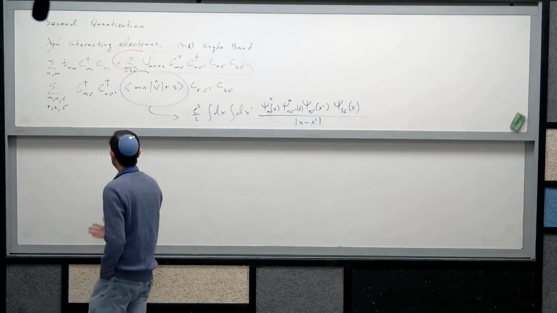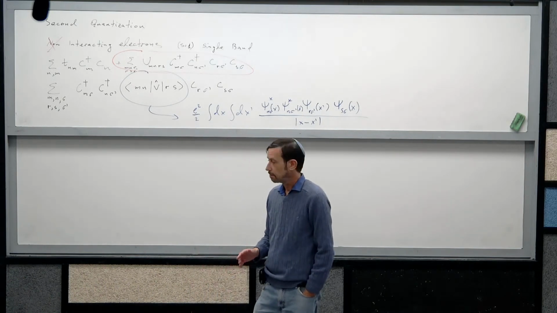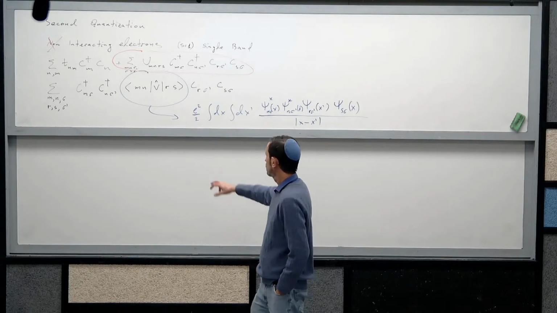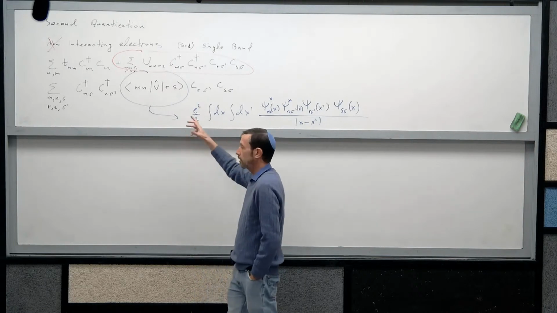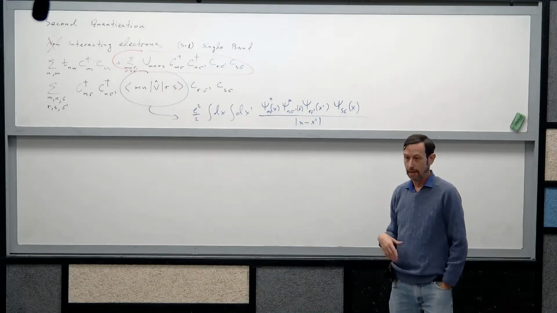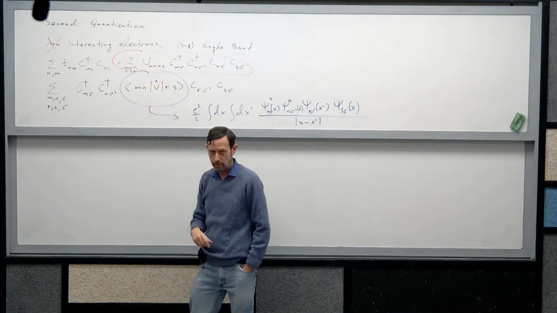So let's start by solving the non-interacting case. The term that's circled in red is the same term, this second term. I just changed notation because you'll see in textbooks either this notation or usually this notation.